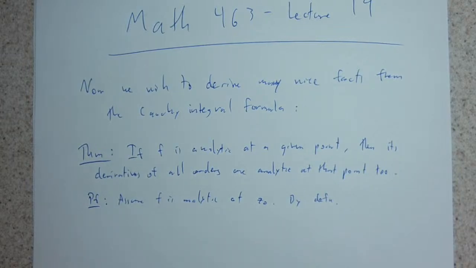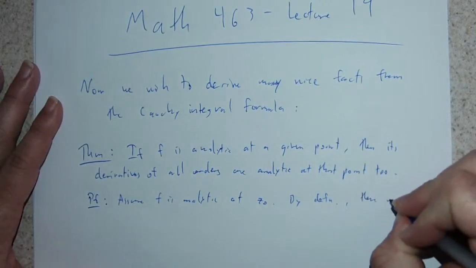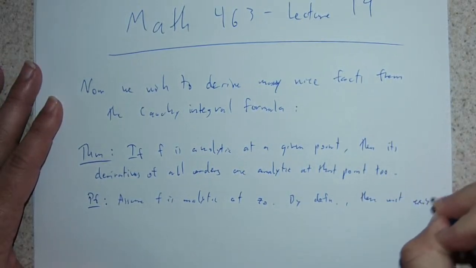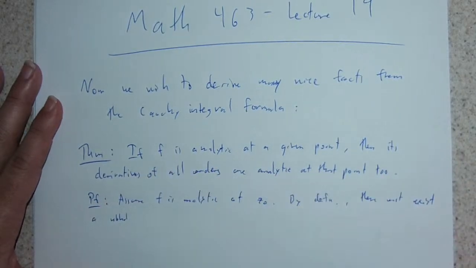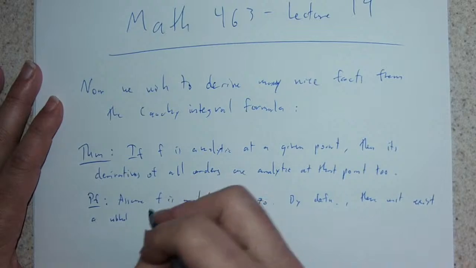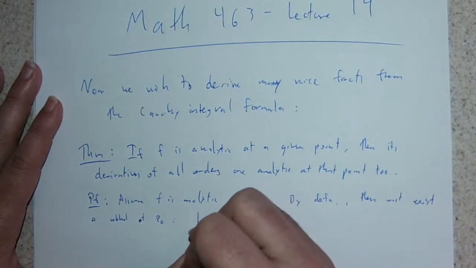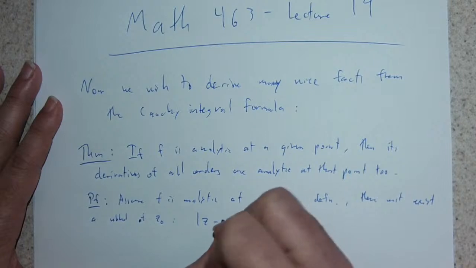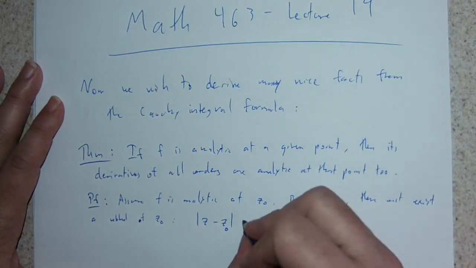And so by definition, there must exist a neighborhood of z0, that we'll call the window, the disk, the set of all z such that the modulus of z minus z0 is strictly less than epsilon.